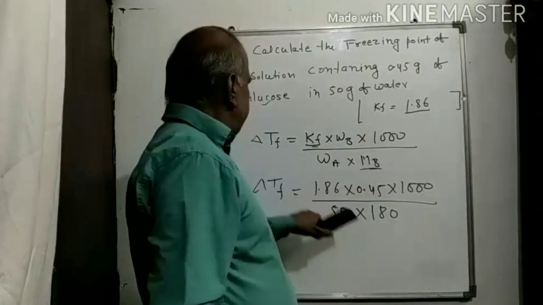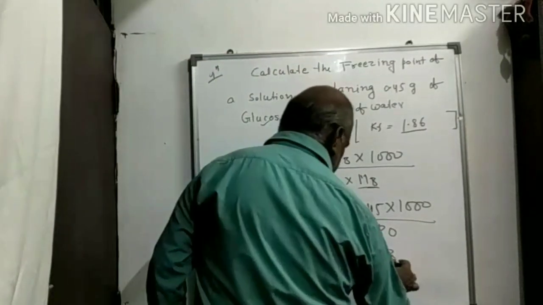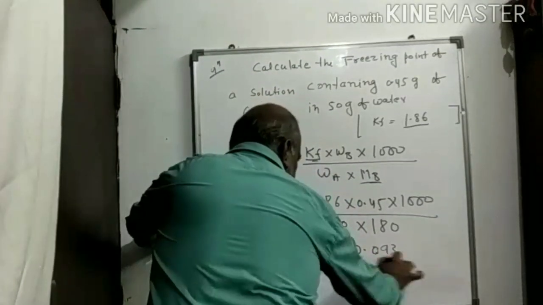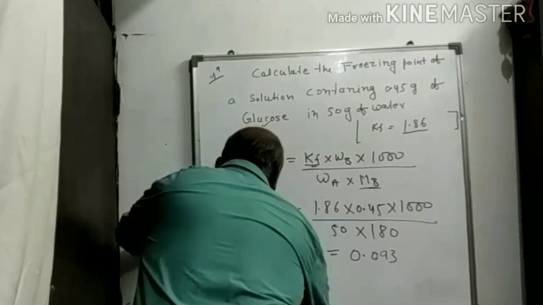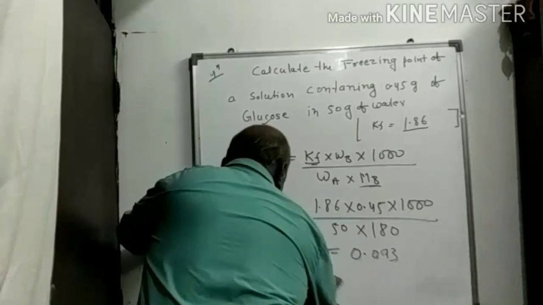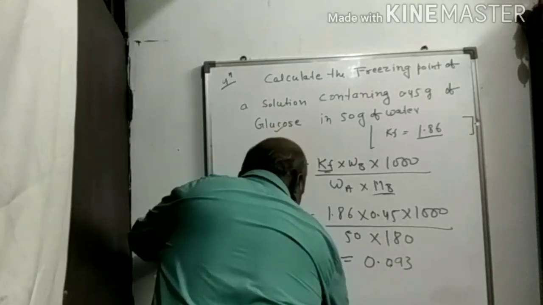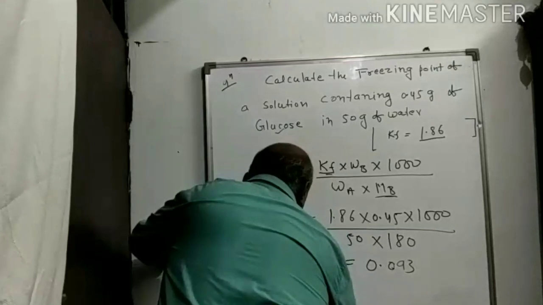After the calculation of these digits, 0.093, and this temperature is subtracted from 273.000 minus 0.093.